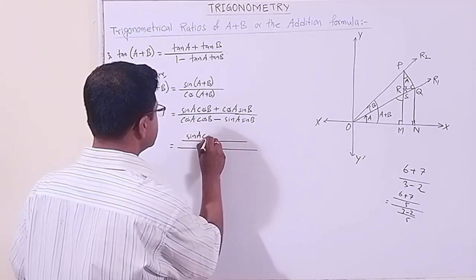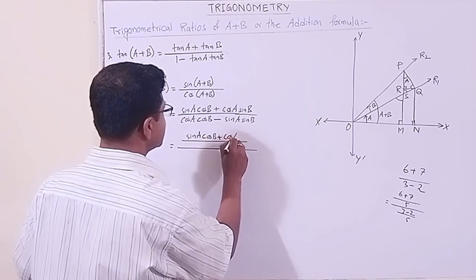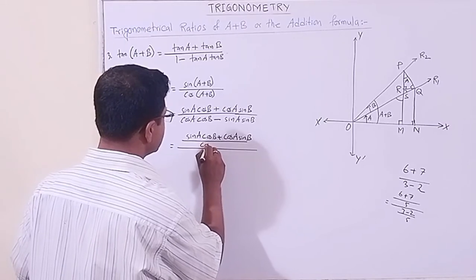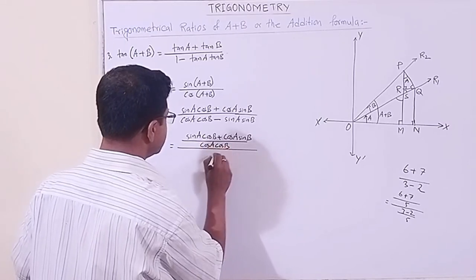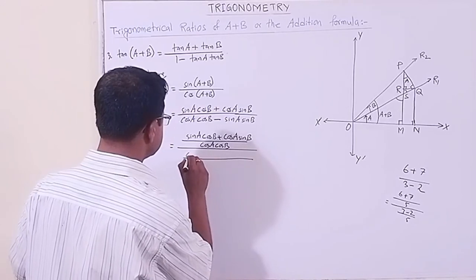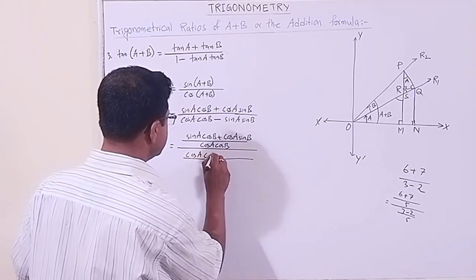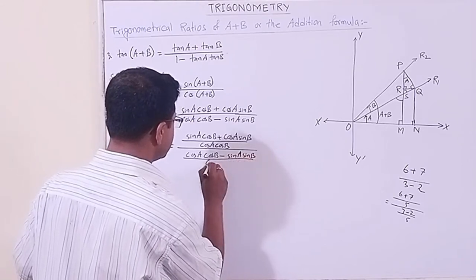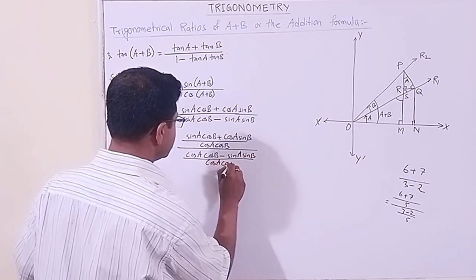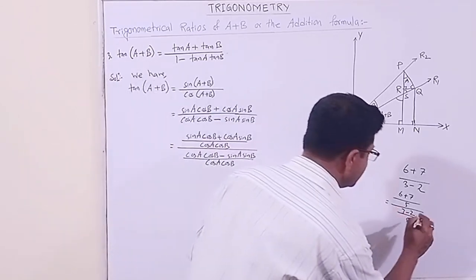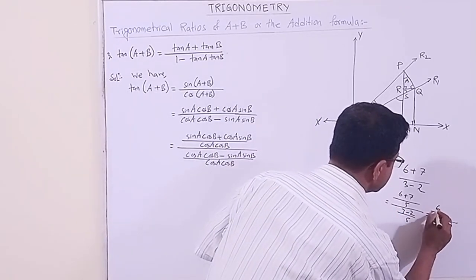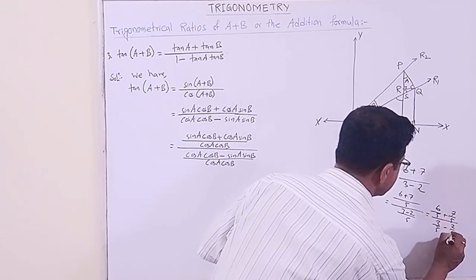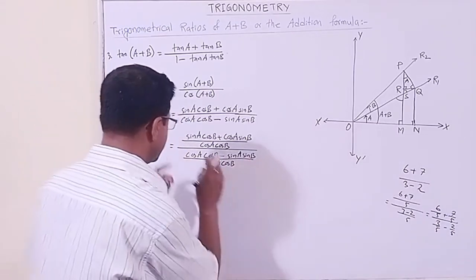Sin a cos b plus cos a sin b, divided by cos a cos b, and cos a cos b minus sin a sin b, divided by cos a cos b. Like 6 by 5 plus 7 by 5, 3 by 5 minus 2 by 5, we can separate them. Here also let us separate them.